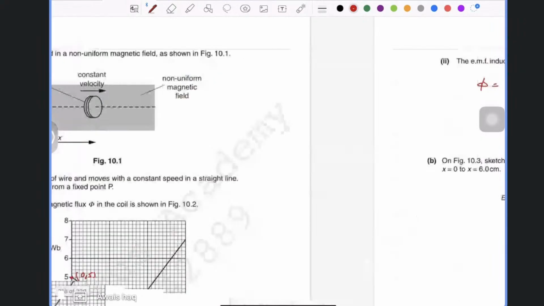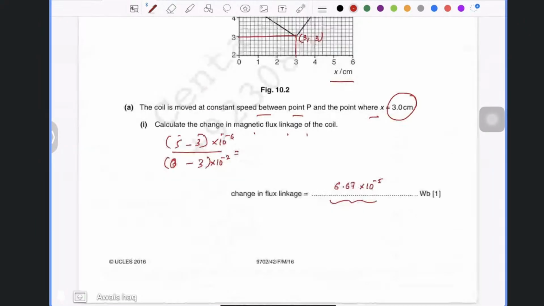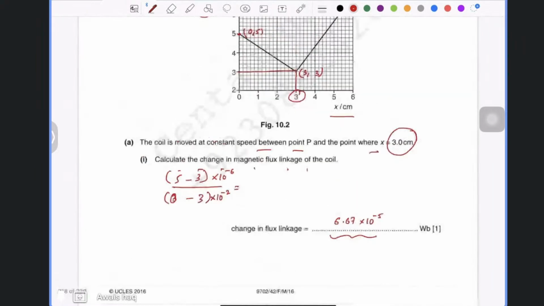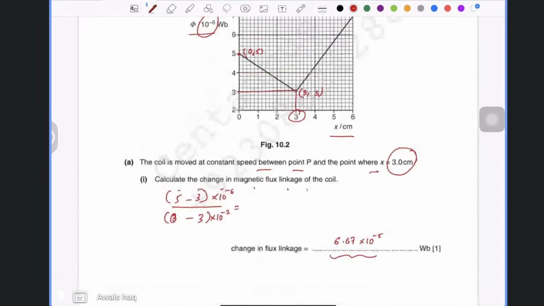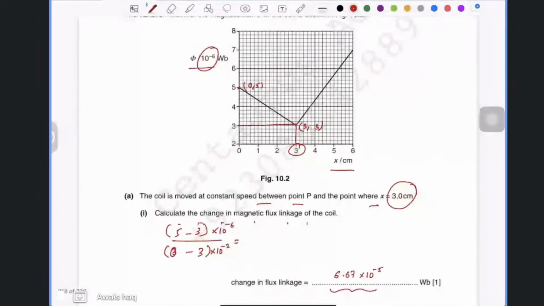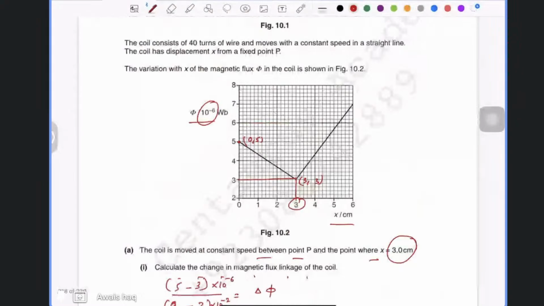Why? We had to take it to 3 centimeter, right? We did take the change in magnetic flux linkage of the coil. Oh, we took the change. I'm sorry, my bad. This is basically a change in magnetic flux. Well, that's alright. And there are 40 turns as well, so multiply by 40 as well.